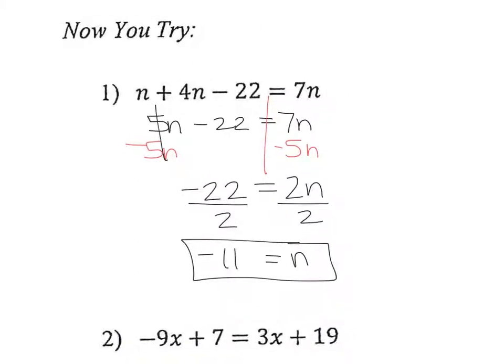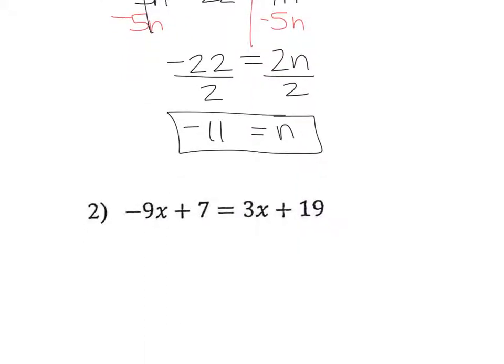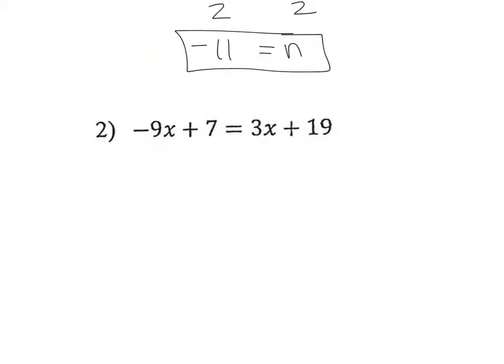Okay, now let's try 2. This time I have x's on both sides. So you could either subtract 3x or add 9x. I'm going to add 9x so I don't have to work with negatives. So I add 9x. This cancels out.